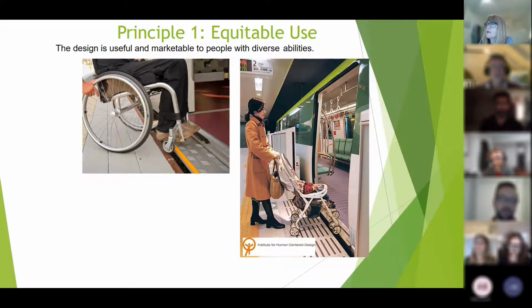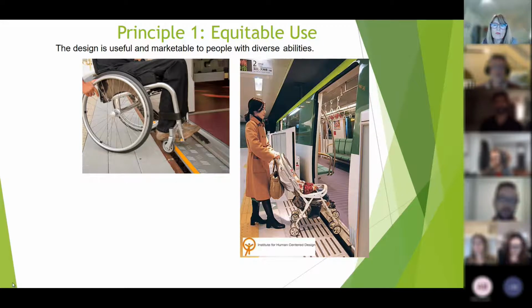Although I brought in a lot of pictures, it's more for you to see how universal design is very applicable for product design, but it's also very applicable for learning.